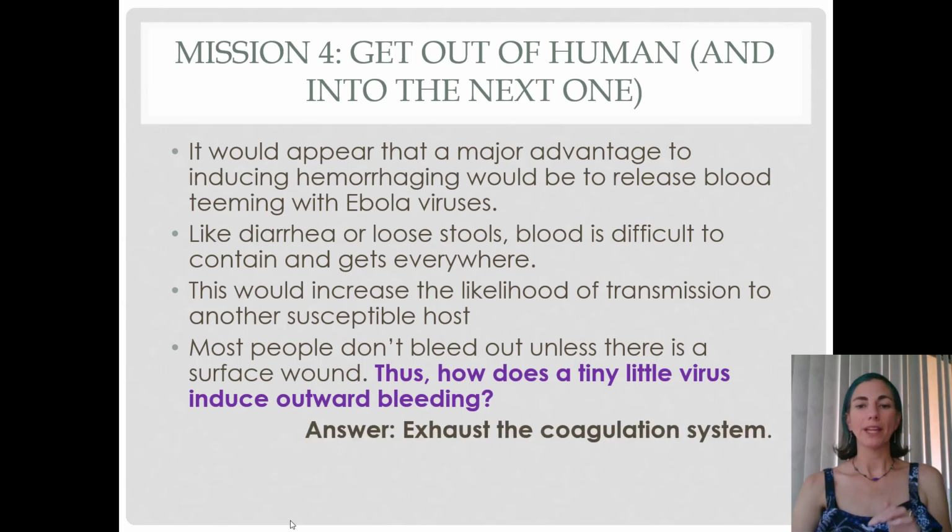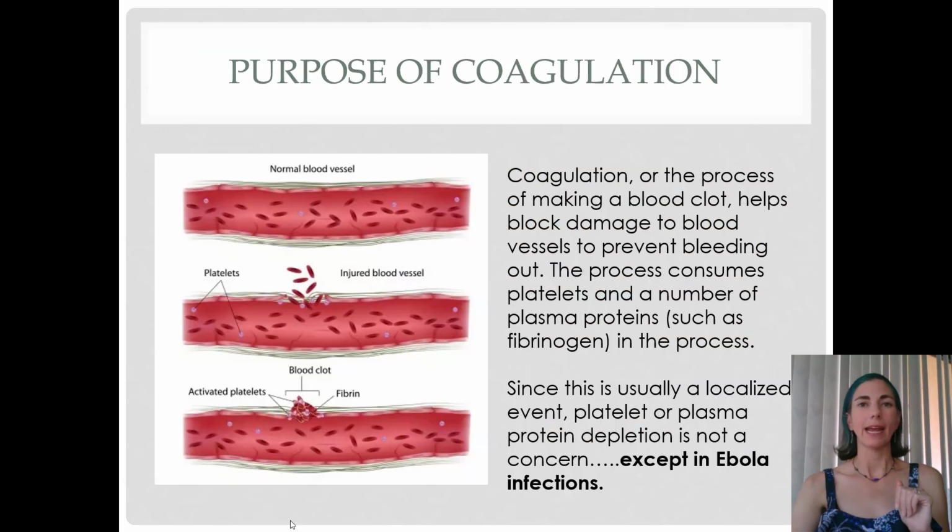Well, to answer that question, we need to look at something called the coagulation cascade. Typically, if you have a blood vessel and there's a breach in the wall somewhere, you induce something called the coagulation cascade to create a clot.